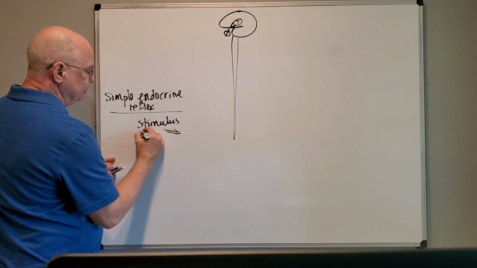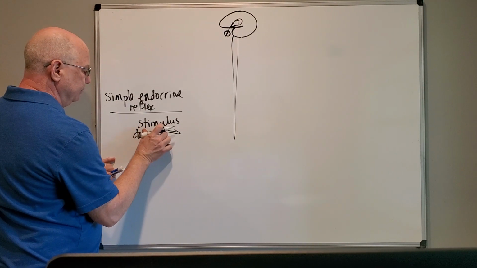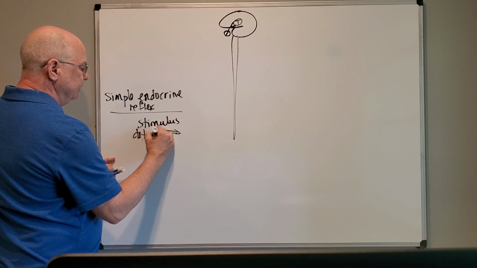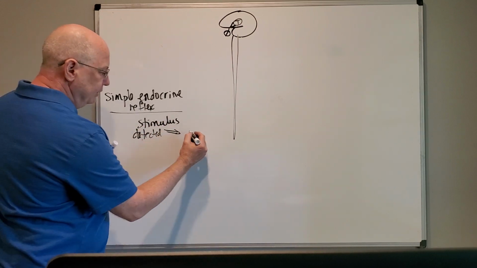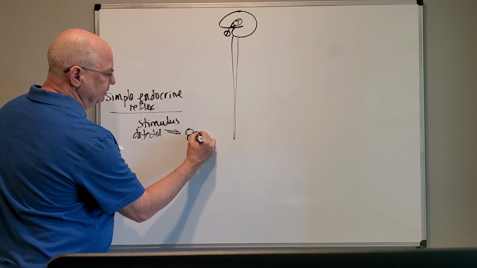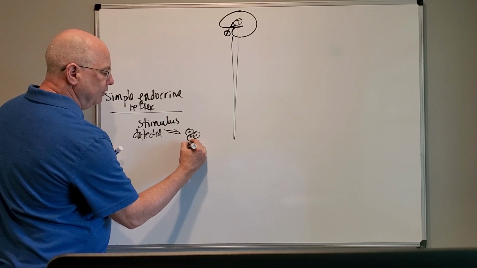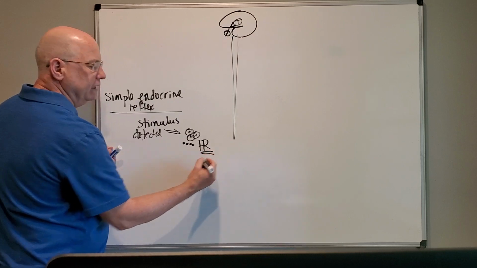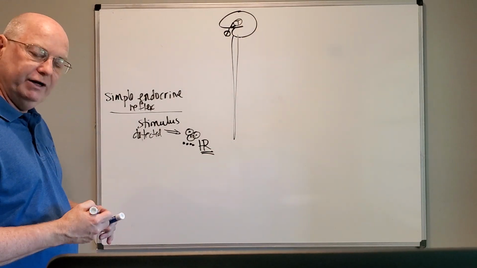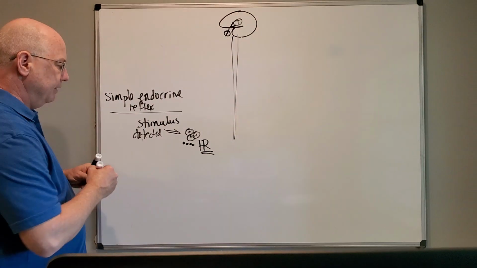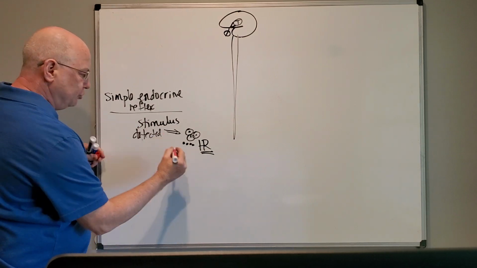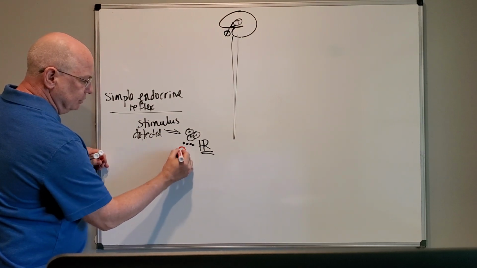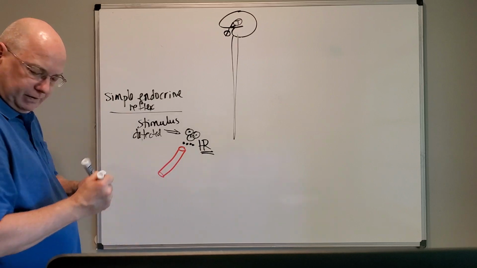And that stimulus is detected by a group of cells. When the stimulus is detected, this group of cells that detects the stimulus will respond by releasing a substance called a hormone. Remember from the first video, that's my abbreviation for the word hormone, an H and an R combined. That hormone is going to travel through our bloodstream to some distant organ.